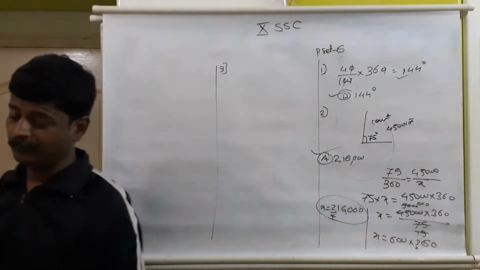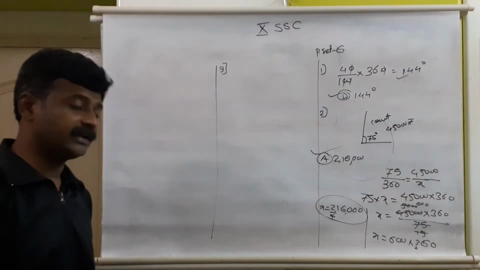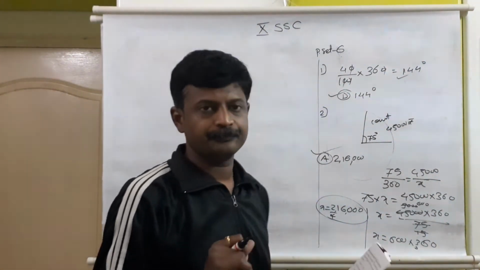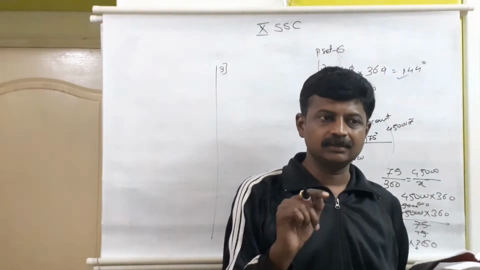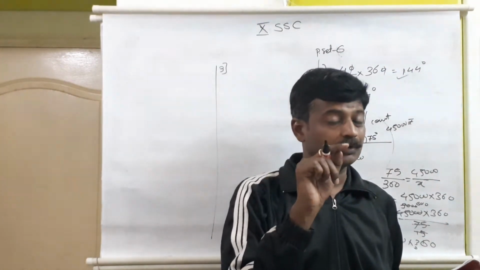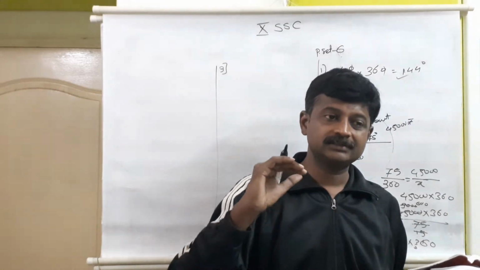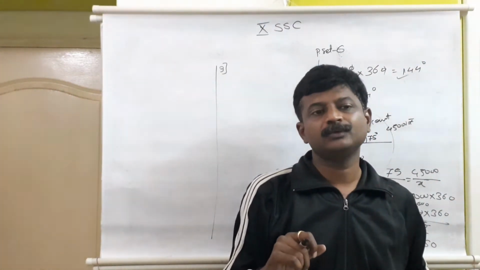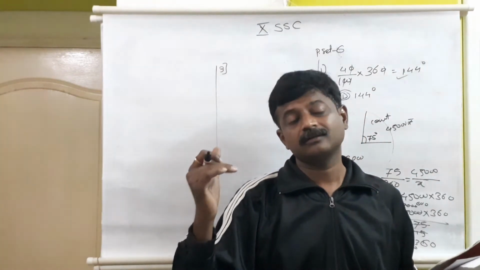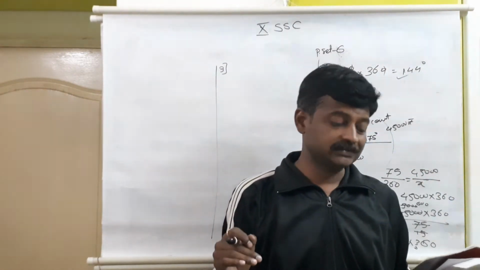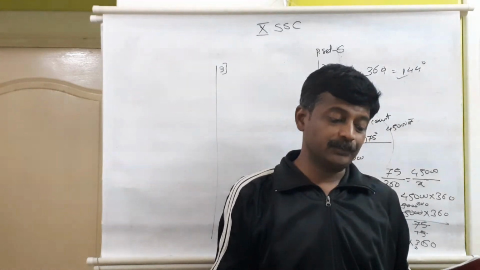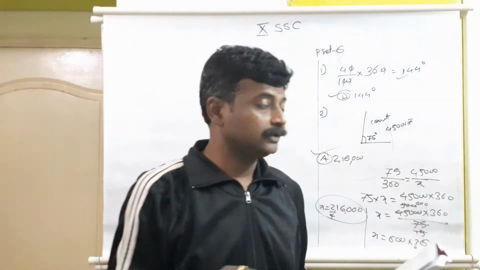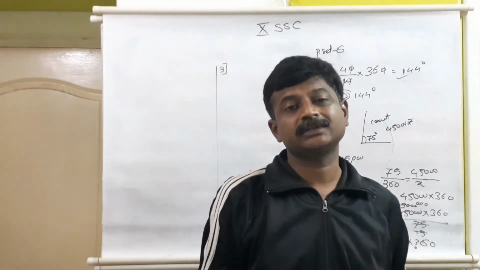Formula for median and formula for mode, the picture will get clear. Where we use f0, f1, f2: f0 was the frequency of the modal class, f1 is the frequency of the previous class of the modal class, and f2 is the frequency of the next class of the modal class. So based on cumulative frequency with central tendency, it is mode, not the median. For median the formula was n by 2.